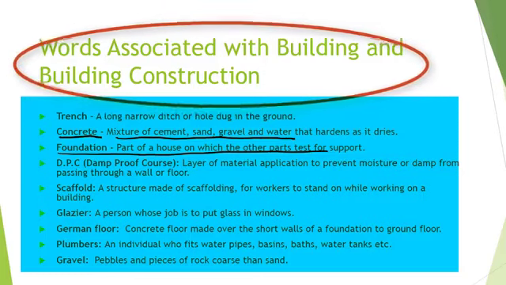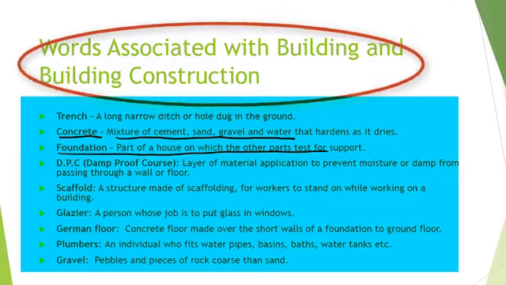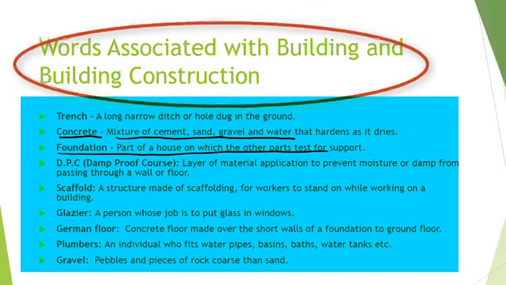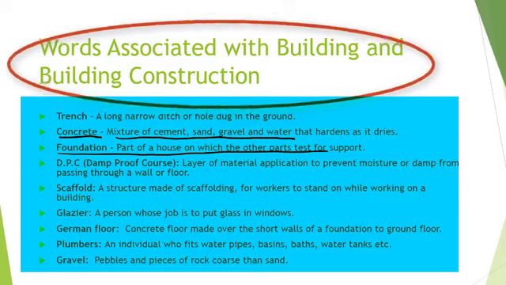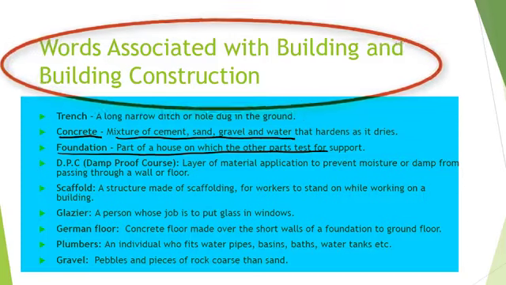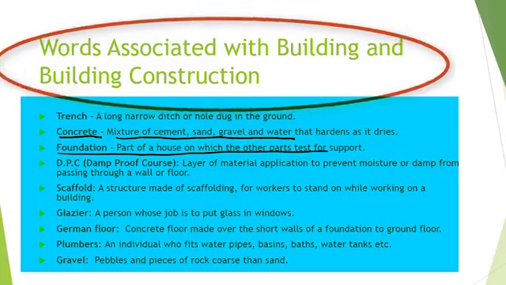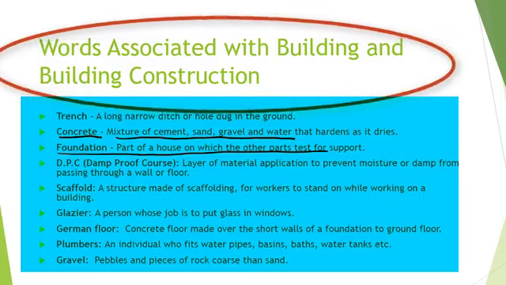The DPC represents the damp-proof course. That is simply a layer of material application that prevents moisture from passing up through a wall or the floor. So it's very important that we take note of that too.